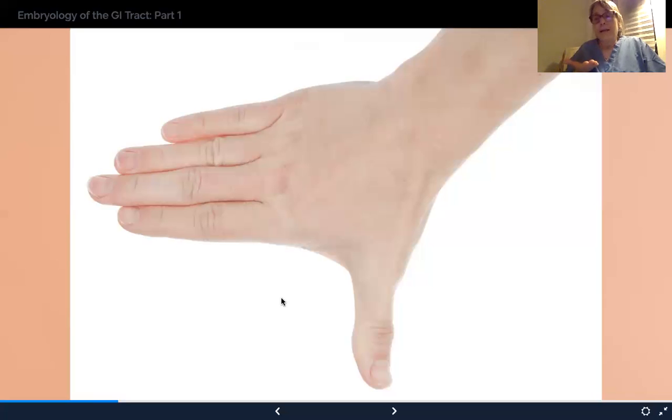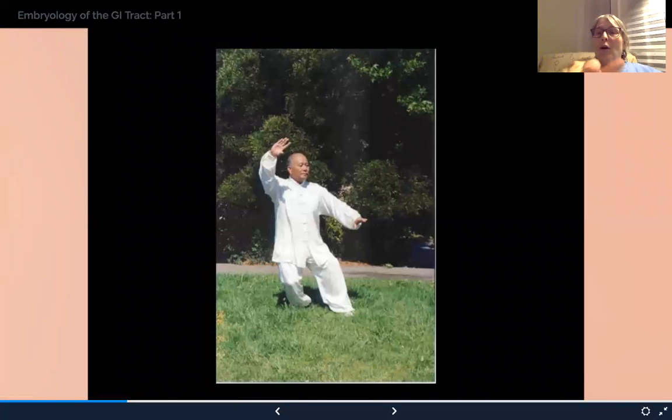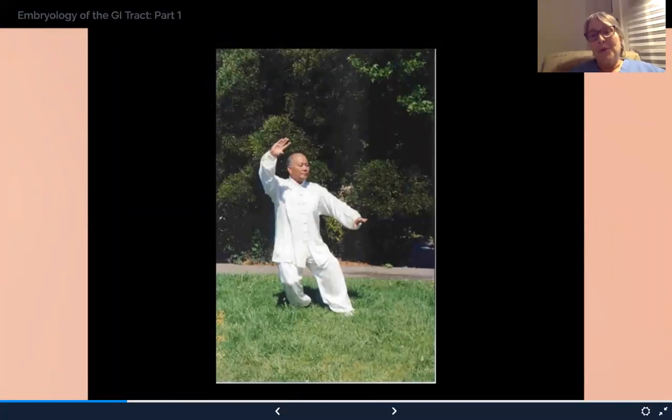So your thumbs to the right. And now guess what? Your appendix is on the right, where it should be. Again, bowel returning to abdomen, I think is what I would name it.